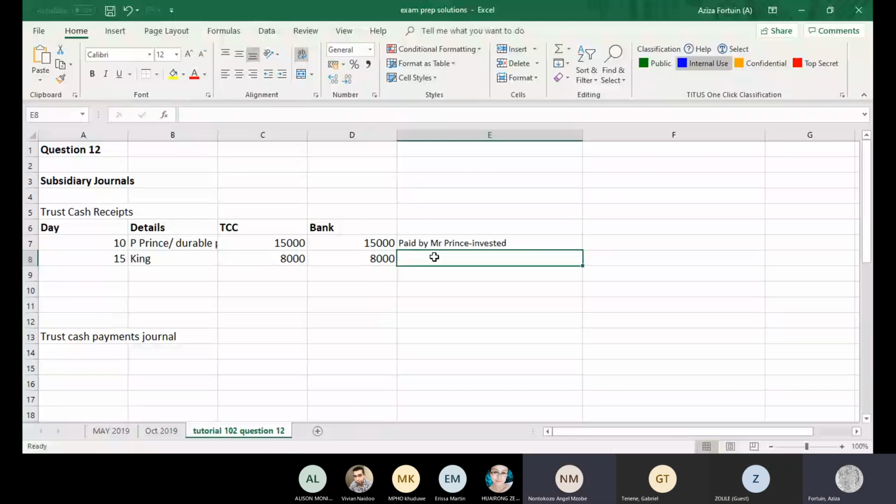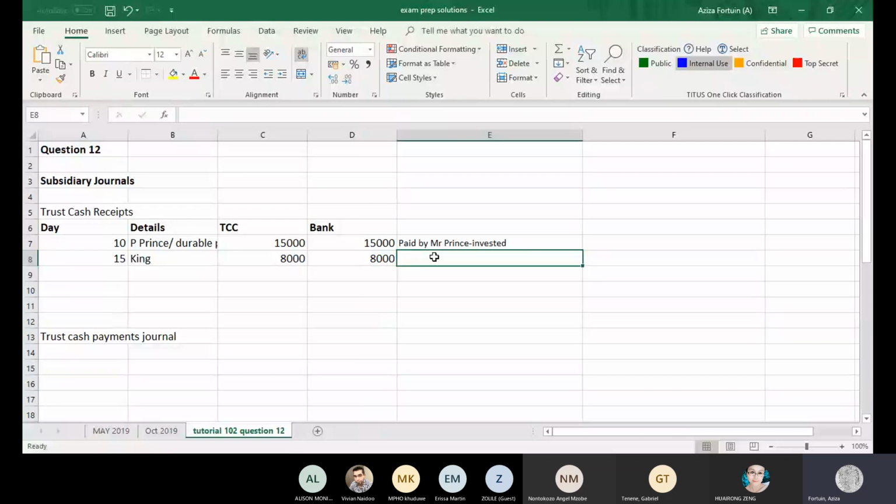On day 11, pay the sheriff 200. The sheriff is a business account, right? You talk about trust account. Let me just see day 11.